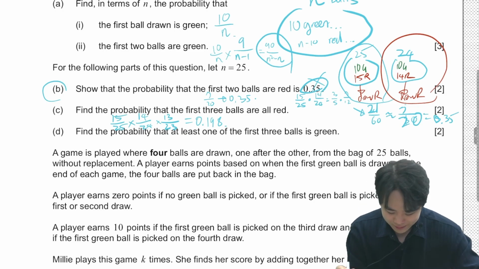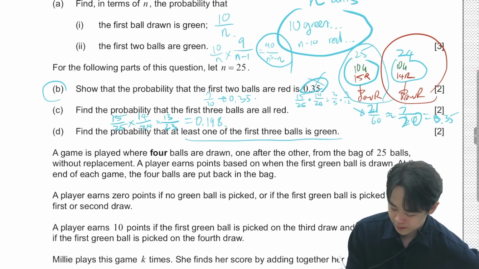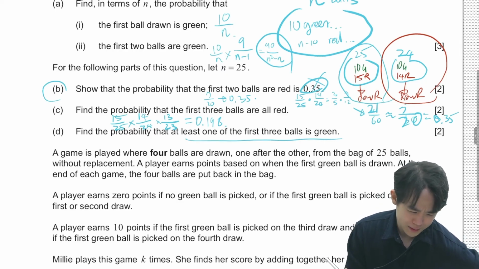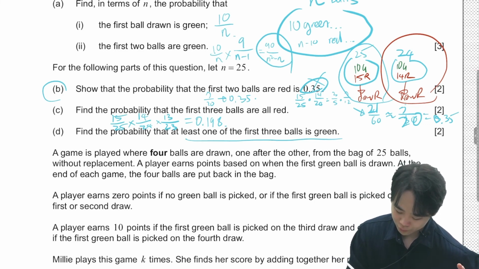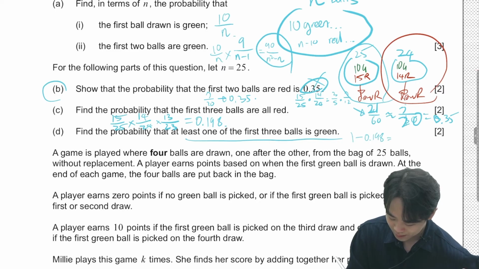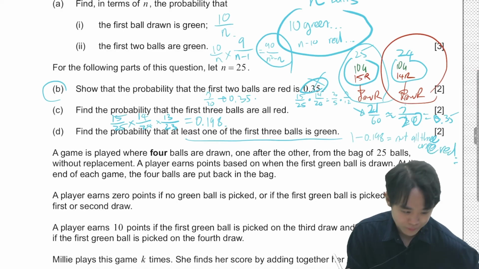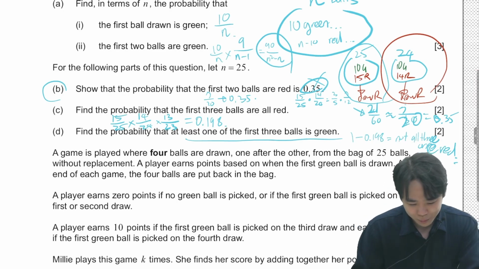And find the probability that at least one of the first 3 balls is green. This is a complementary case, because the opposite of the first 3 balls being red is that at least one of them has to be green. So 1 minus 0.198 means not all 3 are red. That's equivalent to saying at least one is green.